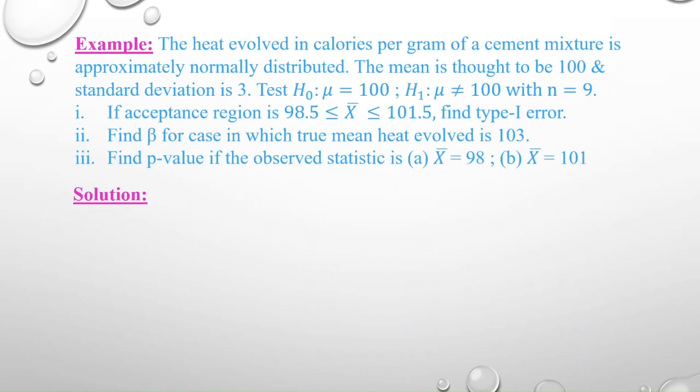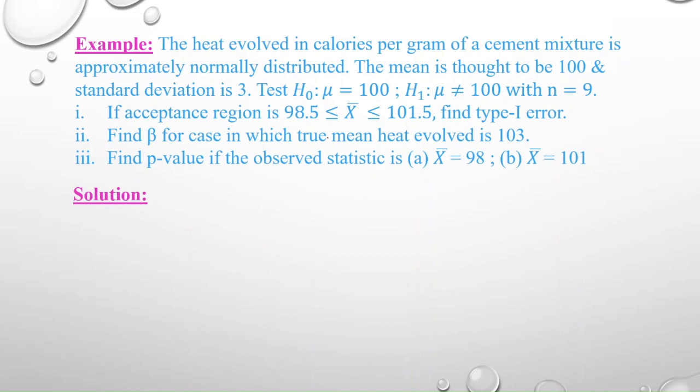The heat evolved in calories per gram of a cement mixture is approximately normally distributed. The mean is thought to be 100 and the standard deviation is 3. Test H naught, and H1 is also given, with n equal to 9. As this is a normally distributed case, we can calculate our Z statistic here using the central limit theorem.